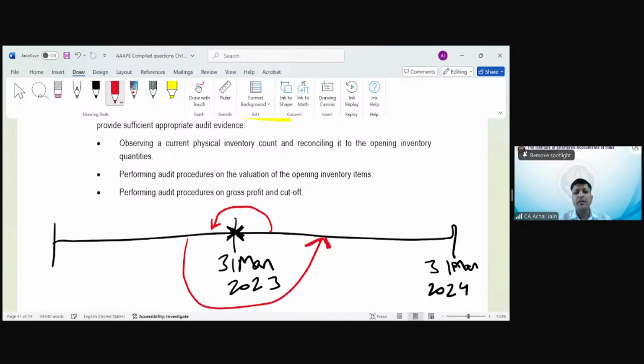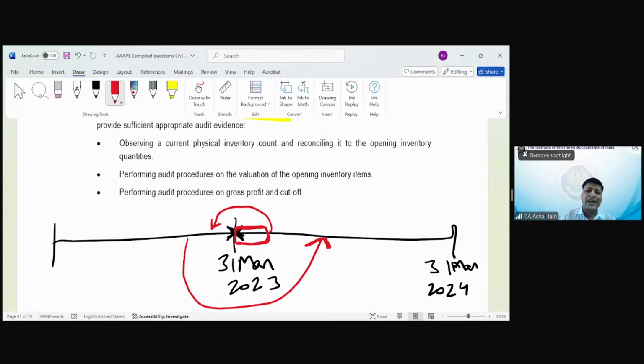How do you do that? Maybe you pick up the last 5 transactions in terms of purchases and check which period they pertain to. Similarly, you check the first 5 transactions of the next financial year and which period they pertain to. That is what you do in case of cutoff.